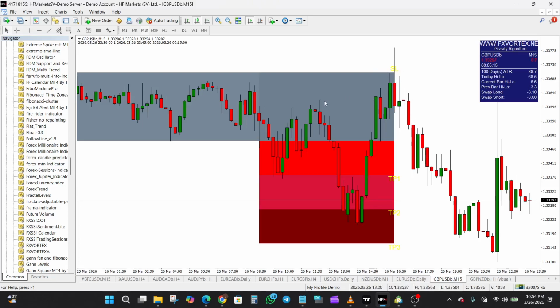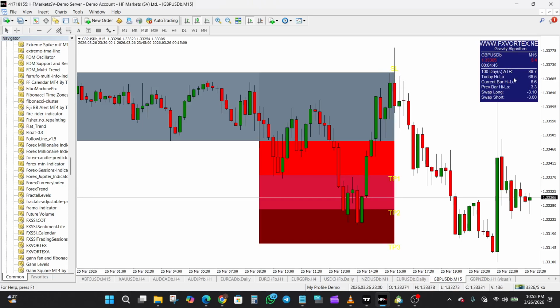As you can see, the FX Vortex shows us 3 take profit levels and a potential entry point, right? And then a stop loss level. So when this signal was given, this particular line is going to be our entry point, right? And then this is TP1, TP2, TP3, and then SL here, right?